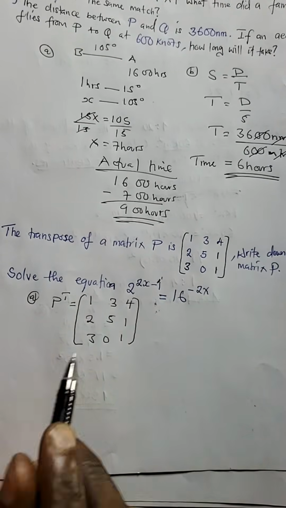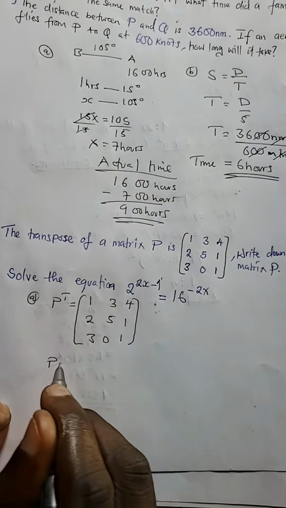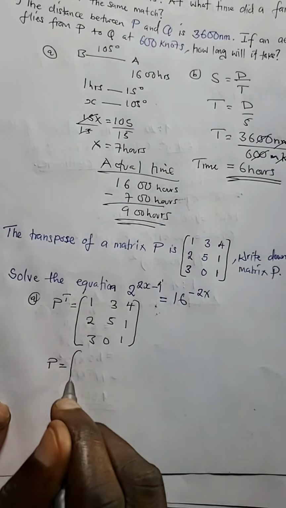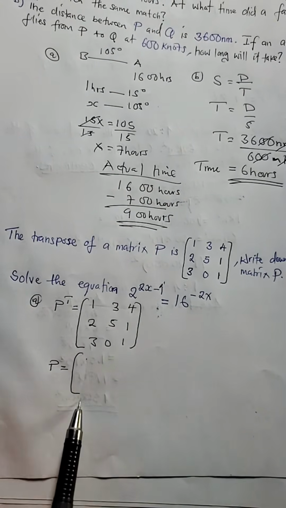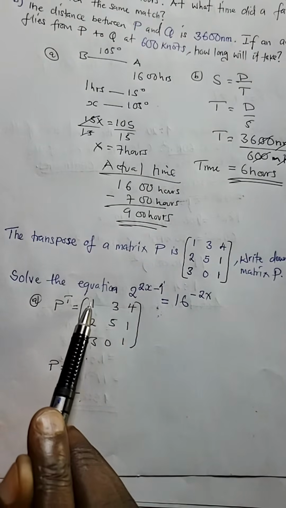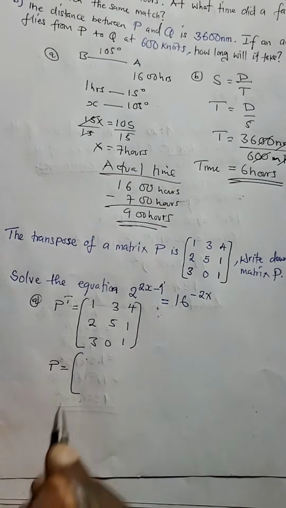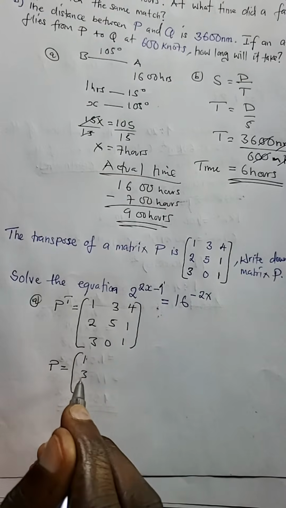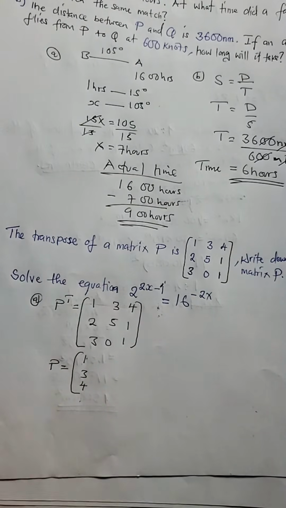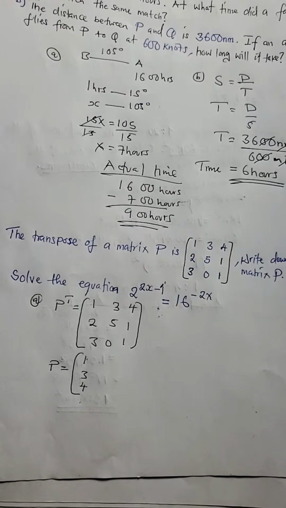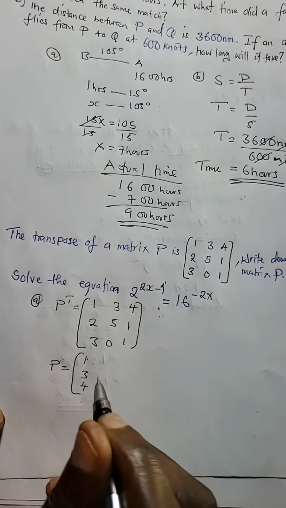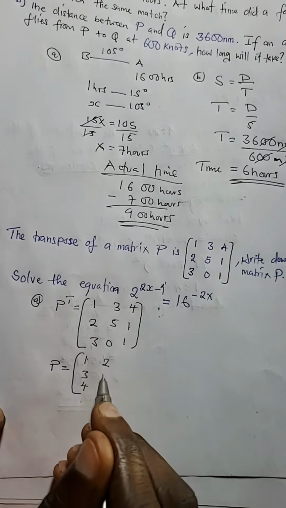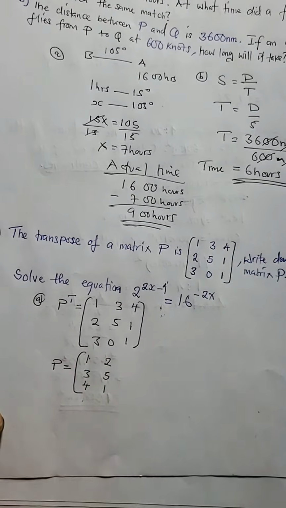So this is the transpose. Now we are asked to write down the matrix. This is very simple. So what you need to know is that the first row here becomes the first column, where the first number here doesn't change position. So it will be 1 3 4. Then the second row here becomes the second column, which will be 2 5 1.